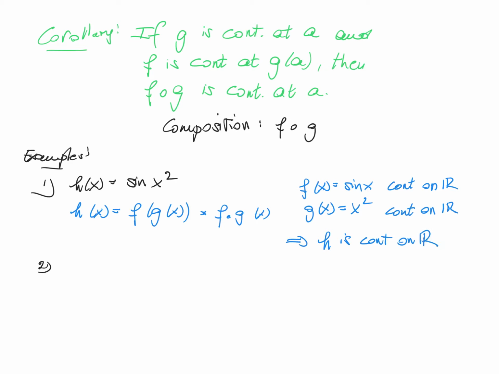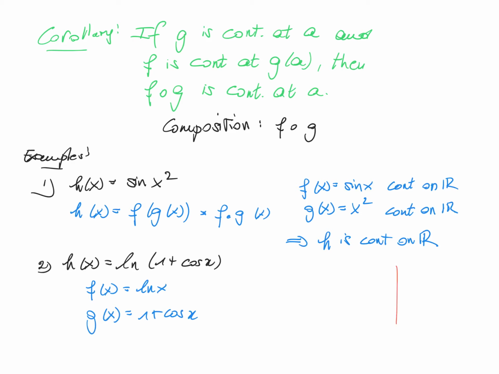For the second example, take a composite function h of x, which is the natural logarithm of 1 plus cosine of x. Again, start by identifying the functions. f of x, the outer function, is ln x. g of x is 1 plus cosine x. Recall that the natural logarithm function looked like this.